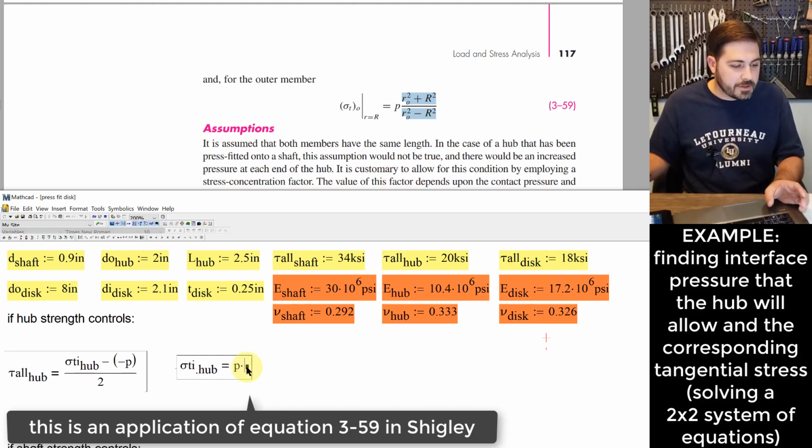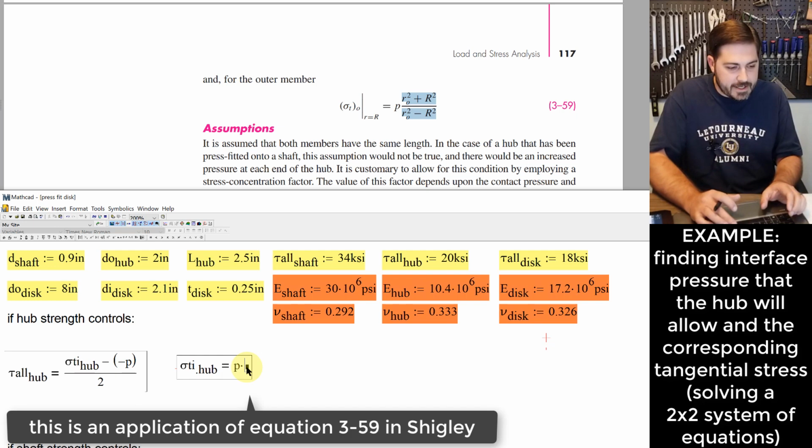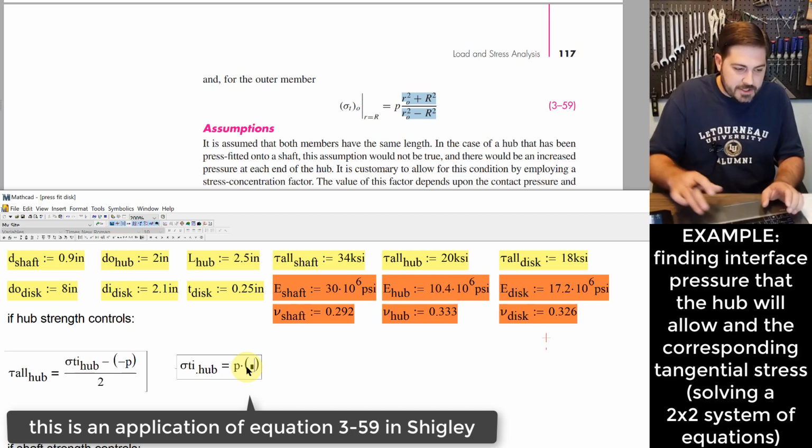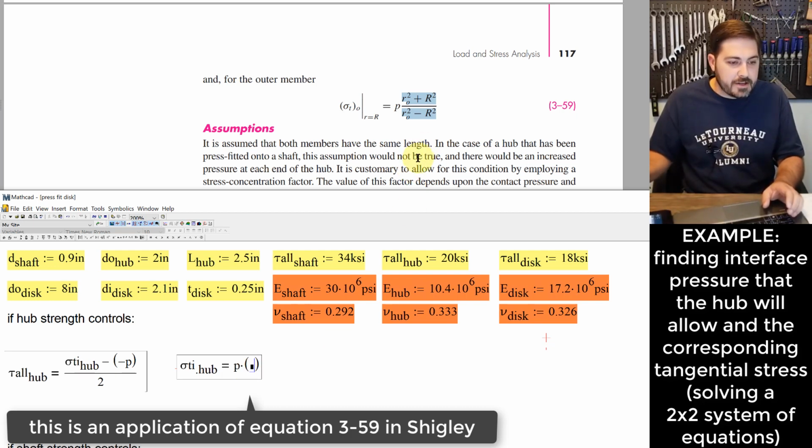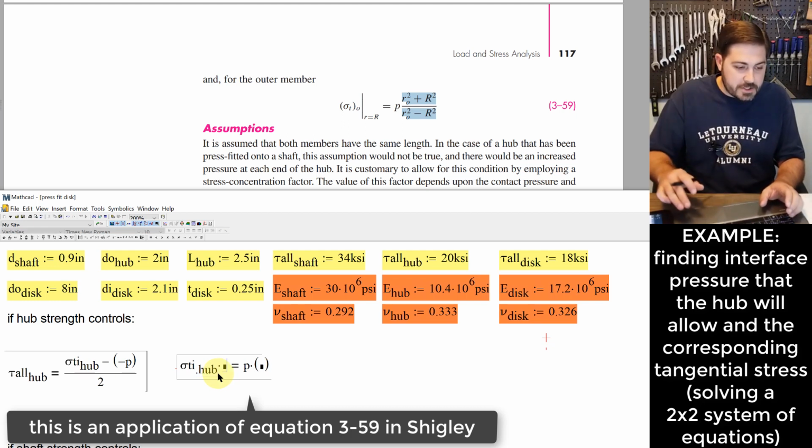But we end up with a little bit of a hang up, just a slight thing that goes on with MathCAD that I still haven't been able to figure out. I've tried putting this fraction in here just like it's shown, and it makes the solve block that I'm about to set up not work. And so what I figured out as a workaround is to basically split up this fraction to where I put part of it on one side and part of it on the other side.